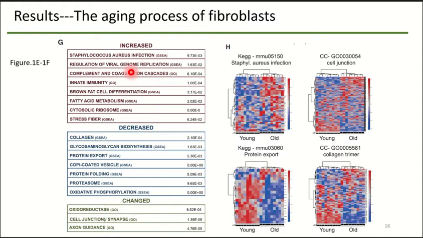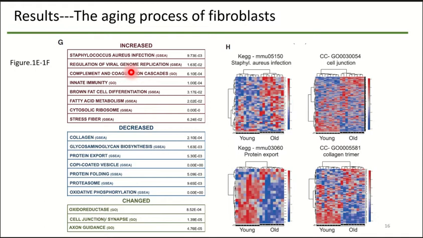Meanwhile, genes related to inflammation, innate immunity, and stress fiber genesis in old fibroblasts, and all the differentially expressed genes related to cell contact establishment were all increased.